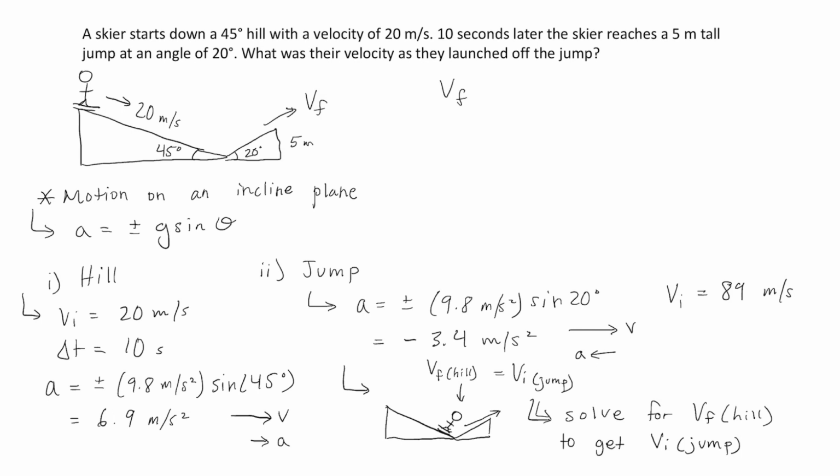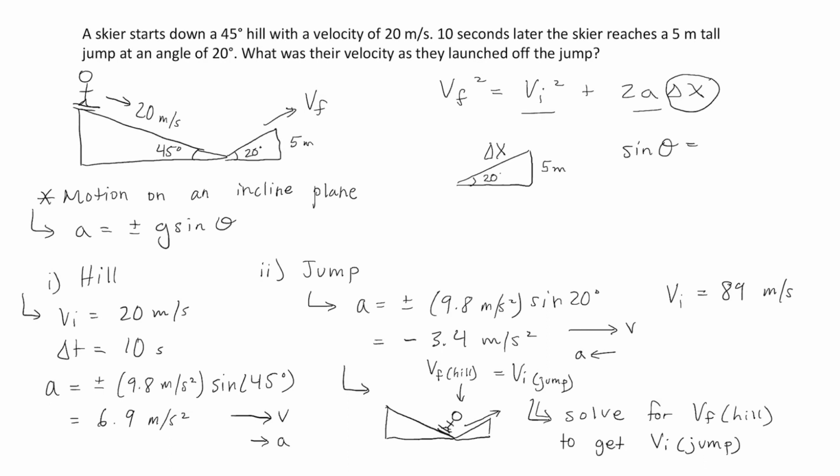Now that we have the acceleration and the initial velocity, and we want to solve for the final velocity, we know we should use the Vf squared is equal to Vi squared plus 2A delta x kinematic equation. We have Vi, we have A, but we're missing delta x. So what we need to do is use trigonometry. We have the angle and we have the opposite side, and we want to solve for the hypotenuse.